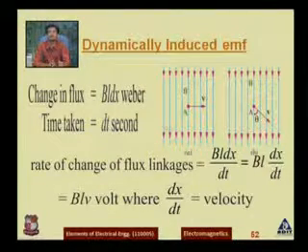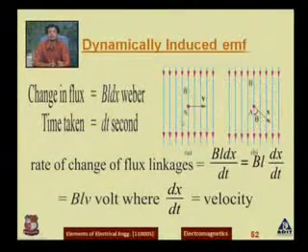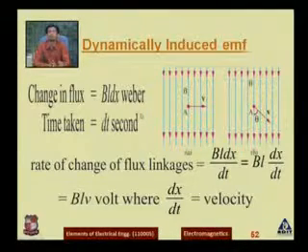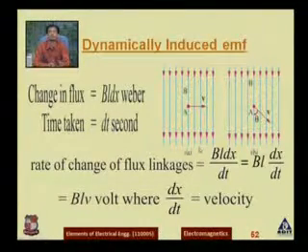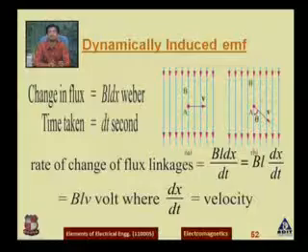Please consider that I have put two magnets, and I am continuously moving this conductor with some velocity. So the EMF will be induced in the circuit. That EMF is called the dynamically induced EMF.